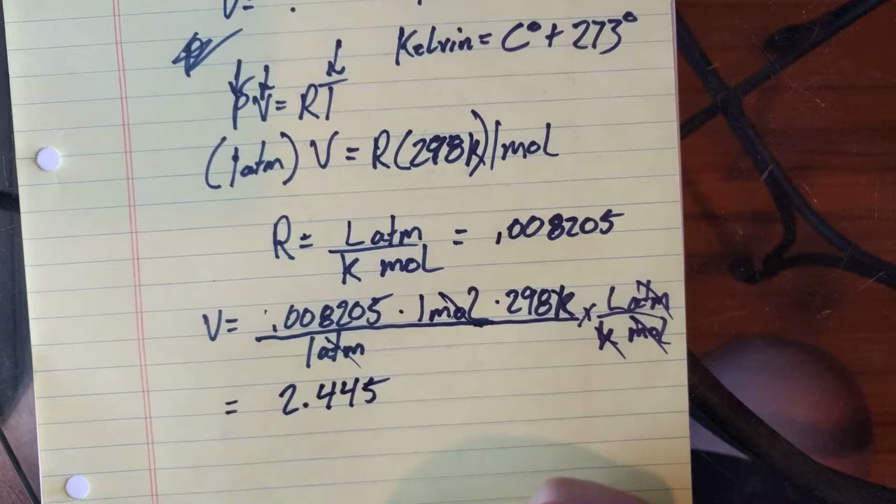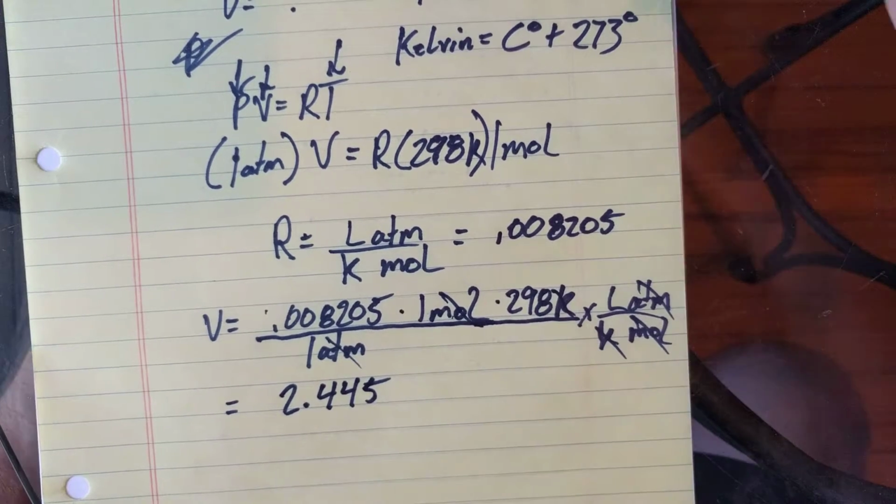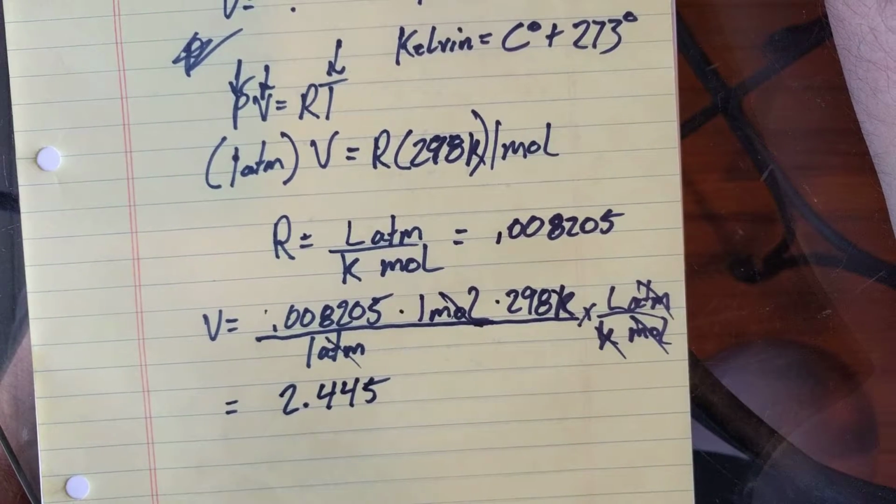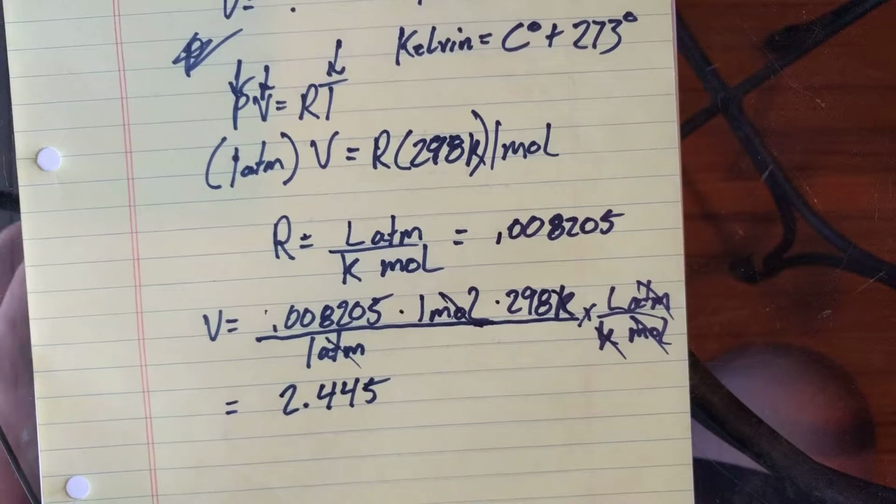Should be 1 decimal place over. I wonder if I put too many zeros in there. No, doesn't seem to be.